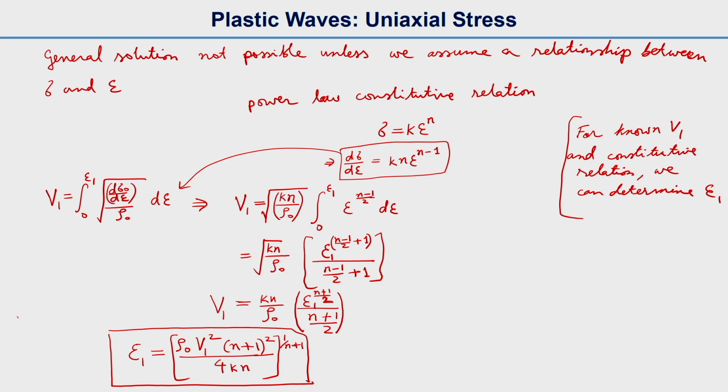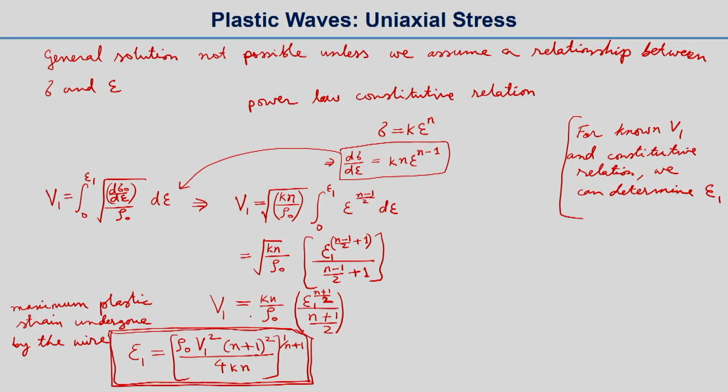This is the expression for the maximum plastic strain undergone by the wire. Sorry, I left out the square root over k n divided by rho naught.